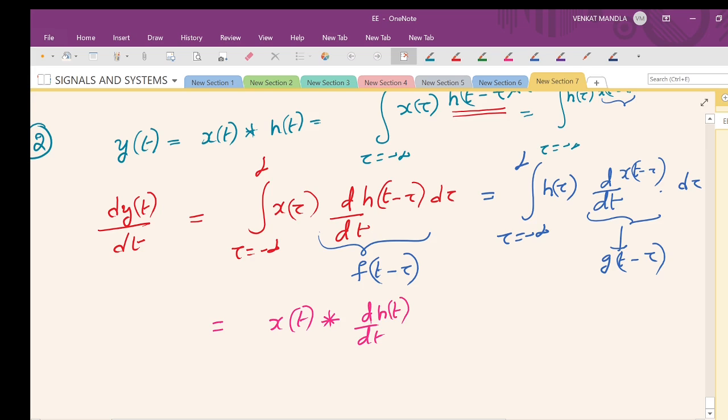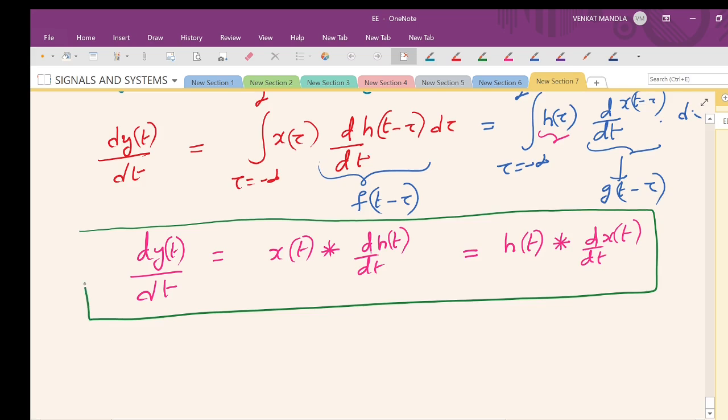Here f of t is h of t, right? I can also write this equation as h of t convolution with d by dt of x of t. Okay, this is dy of t by dt. This is the second property.